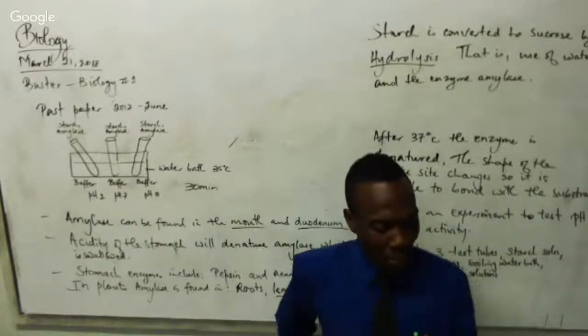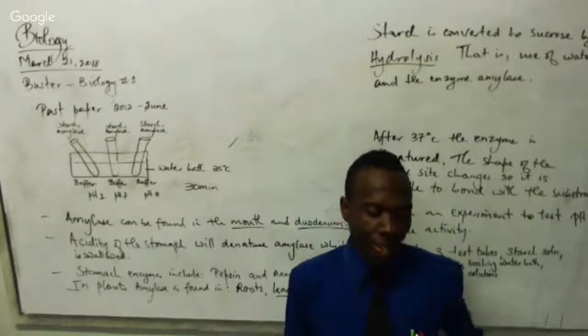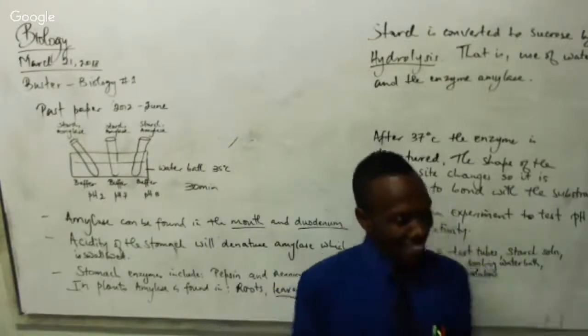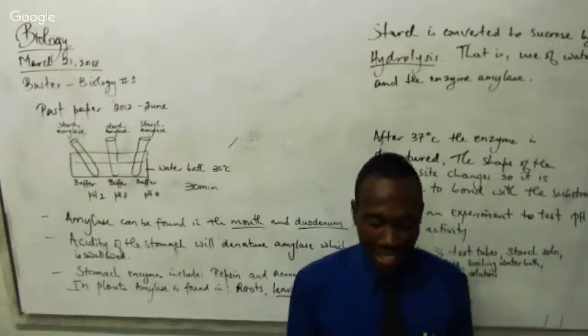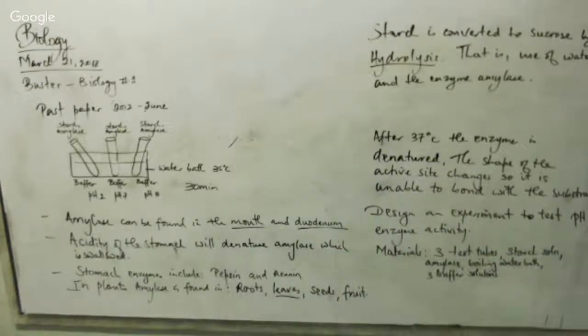Why can't we store glucose? Because glucose is too volatile and reactive. So what is starch? Not volatile and less reactive. Stable. Starch is stable, and therefore it can be stored.